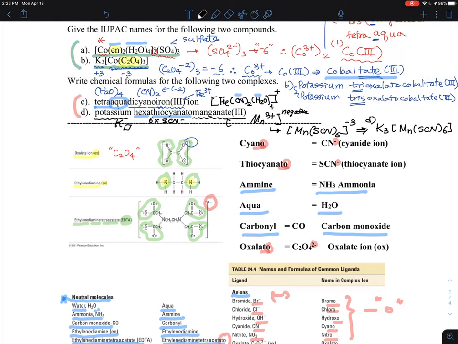And so that should be a potassium manganate 3, right? With 6 thiocyanato anions coordinated. Okay, so the previous one is an answer for C. So those are the answers.